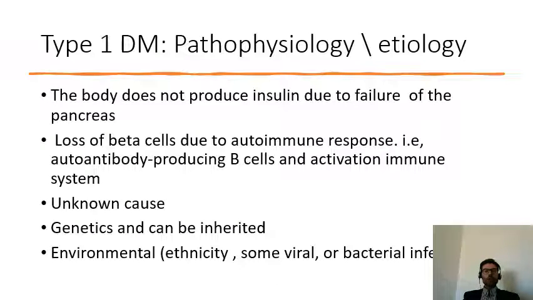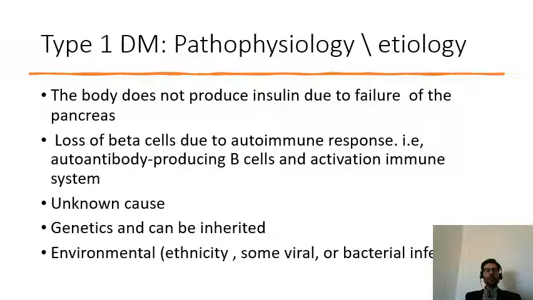As I said, we don't have insulin, and this is mainly because of failure of the pancreas gland. In this slide here, I'm talking about the pathophysiology of type 1 diabetes.